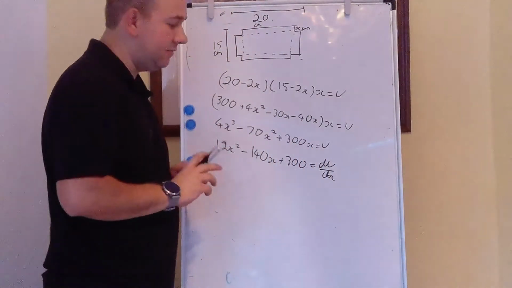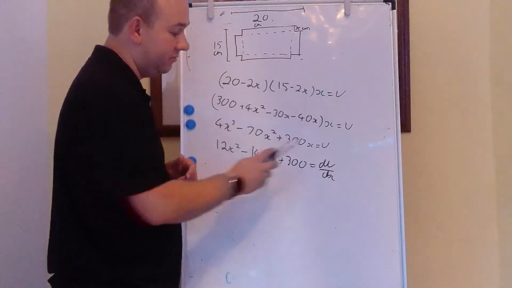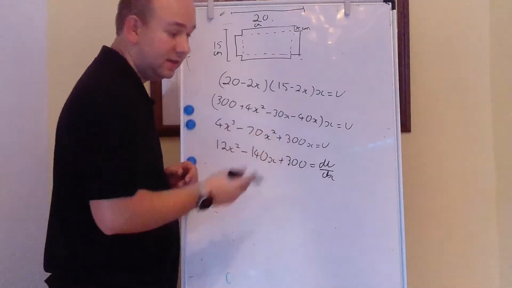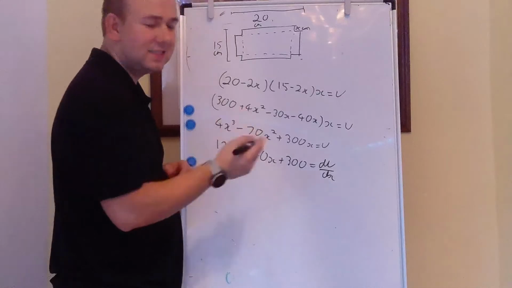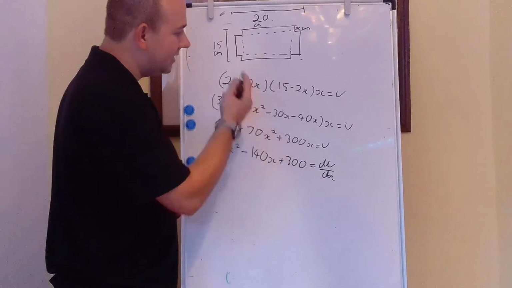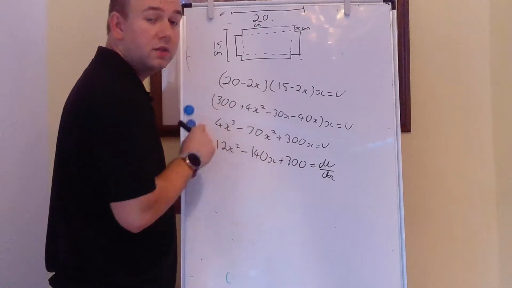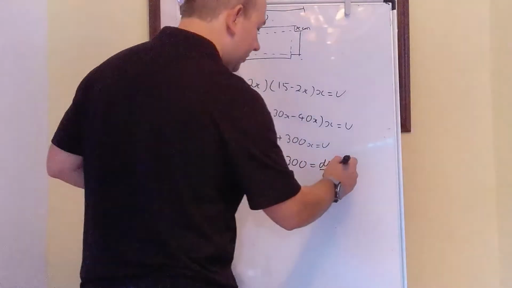I'll make a separate video about differentiation, where this all gets explained, but this is how this is differentiated. And as I say, when this is at a maximum or a minimum, the gradient is going to be equal to 0.